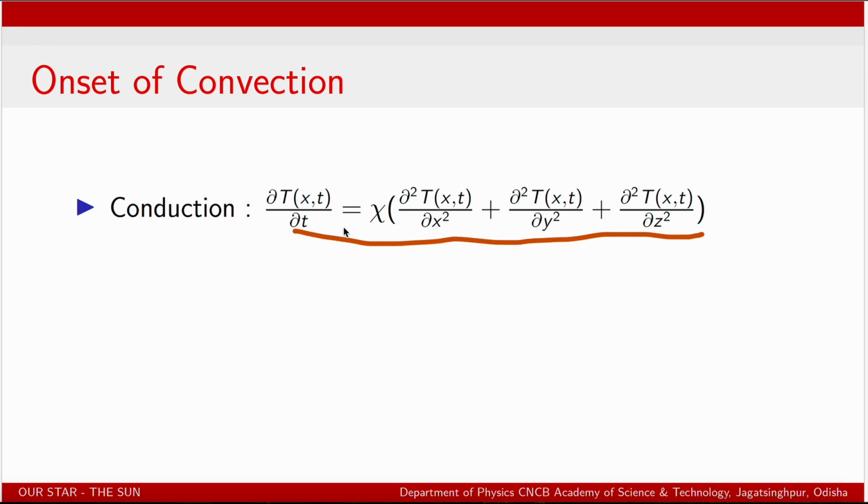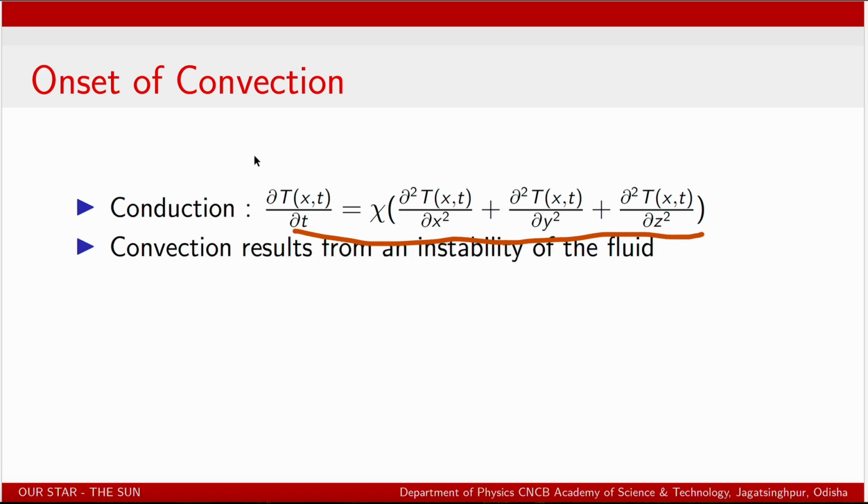But what happens if the temperature is raised? If delta T is raised, the difference in temperature of the upper plate and lower plate, then there is some kind of instability in the fluid, and that results in convection.